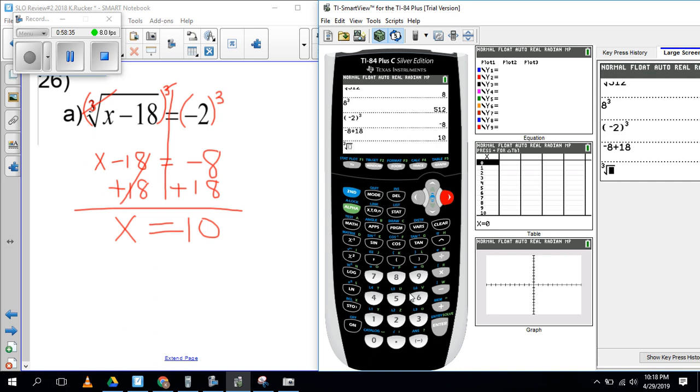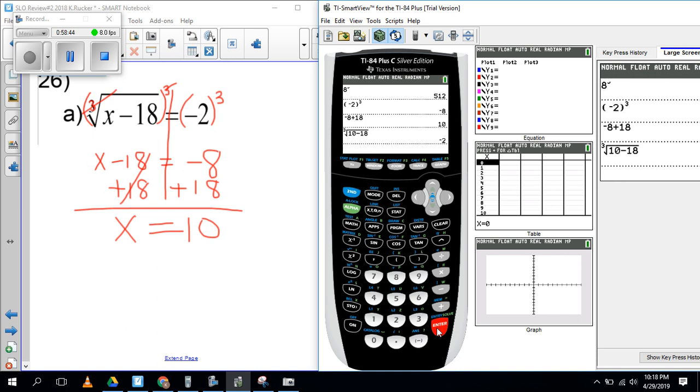The cube root of 10 minus 18, and I should get that negative 2. So I know I'm right because it equals what it said it should equal. The cube root of x minus 18 should equal negative 2. So when I plugged in 10, I got negative 2. Okay, so pause the video and try the rest of the problems.